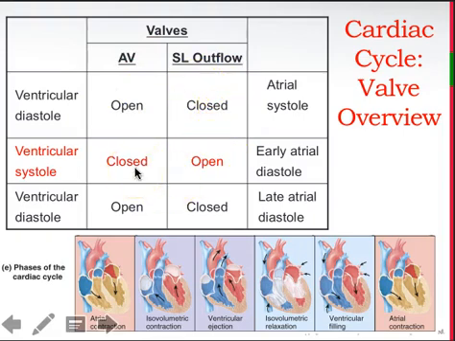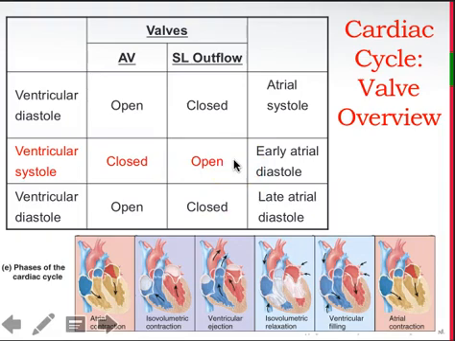When we shift gears, and we have the early relaxation of the atria and the contraction of the ventricles, the AV valves close, so we don't get backflow from the ventricles up into the atria, and then we have an opening of the semilunar, or outflow, pulmonary and aortic valves.